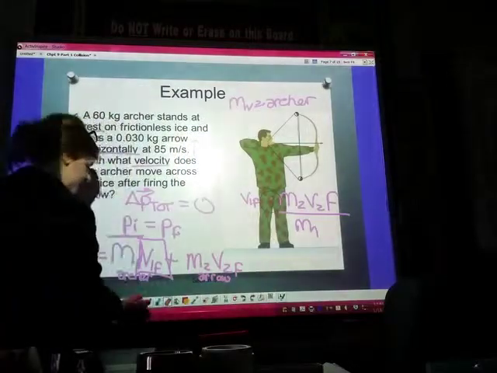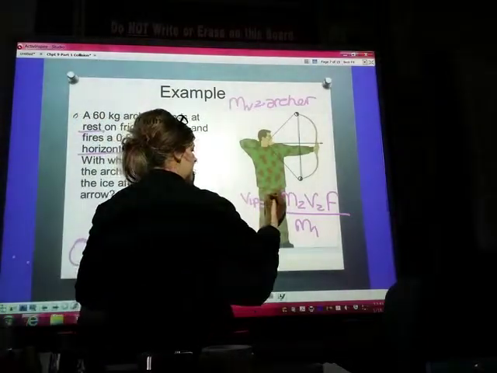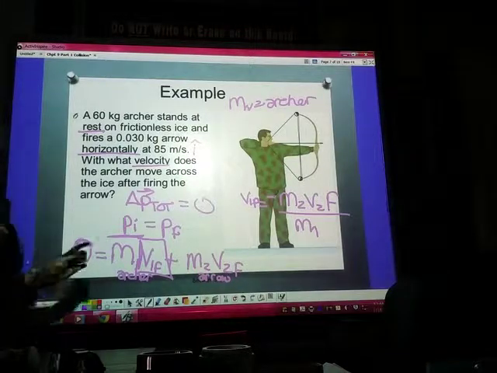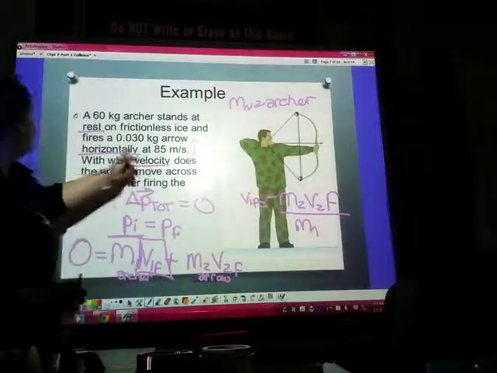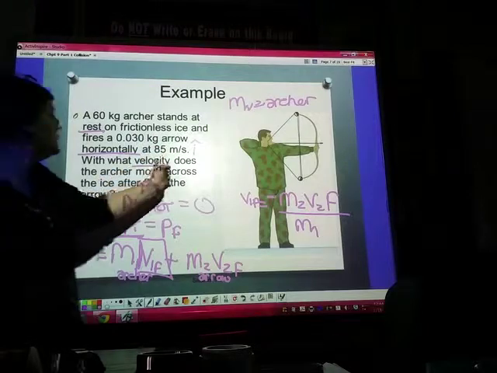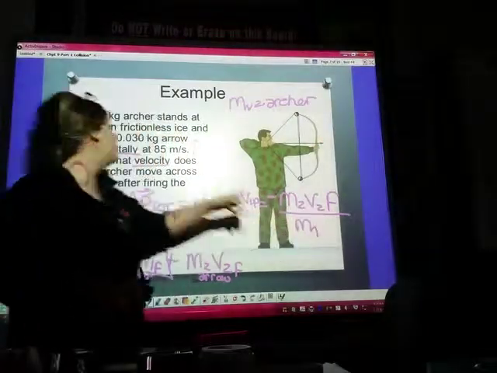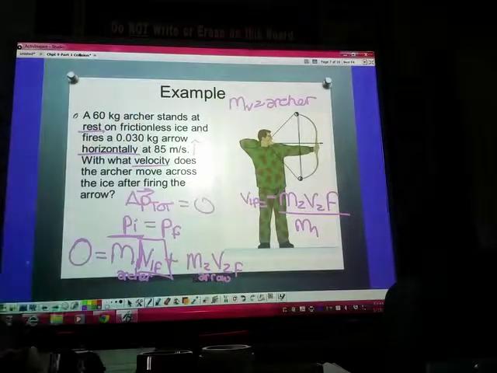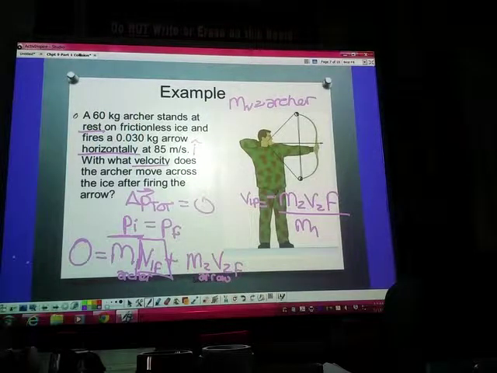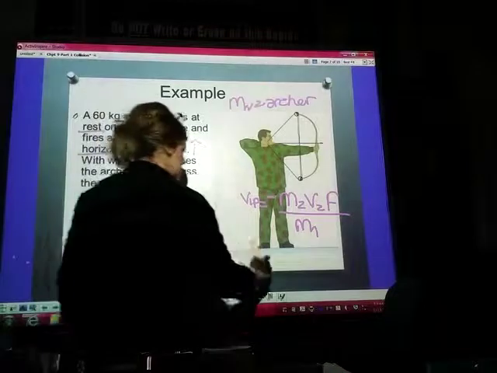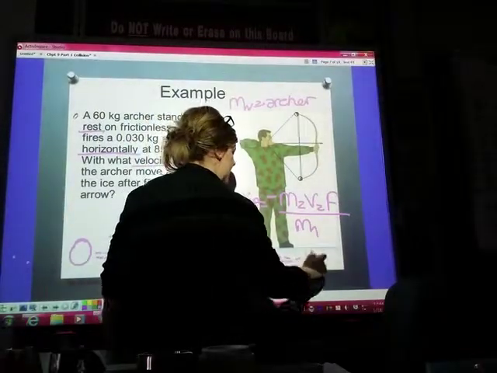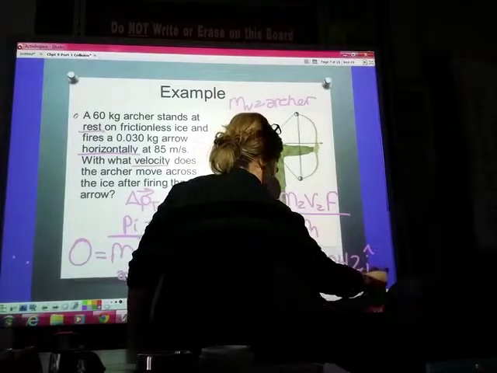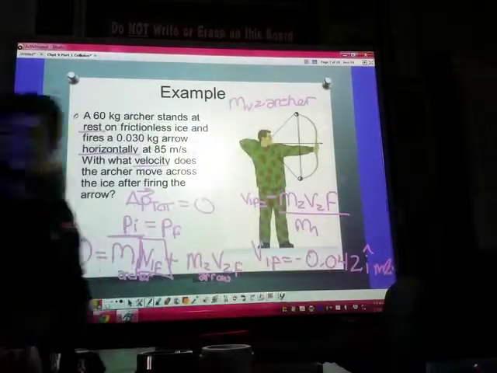Actually, I want to make that negative stand out a little bit more. There we go. Okay, let's just plug in our numbers. I would have 0.030 times 85 over 60 kilograms. All of that should be negative. So if I do that math, we should get the answer to be a negative 0.042 meters per second.